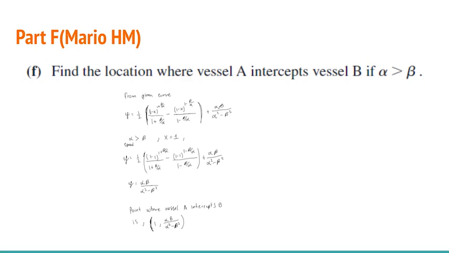It asks you to find the location where vessel A intercepts vessel B if alpha is greater than beta.